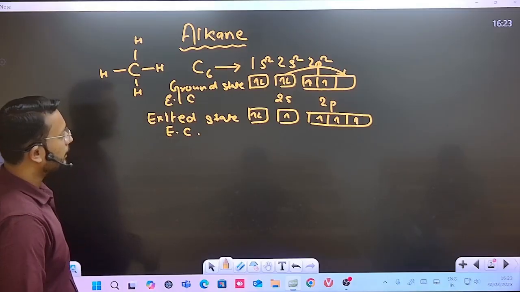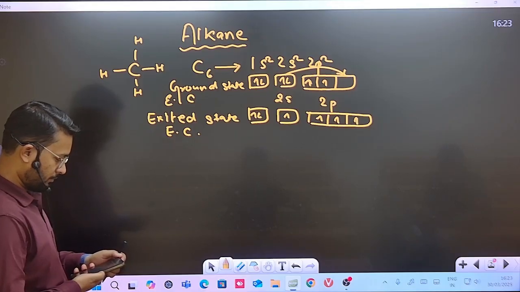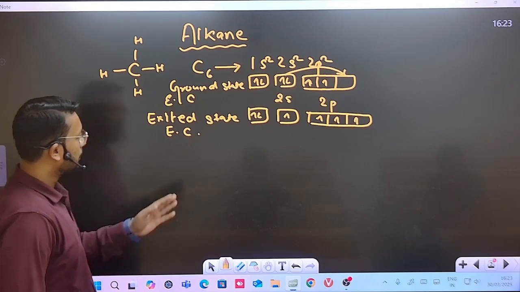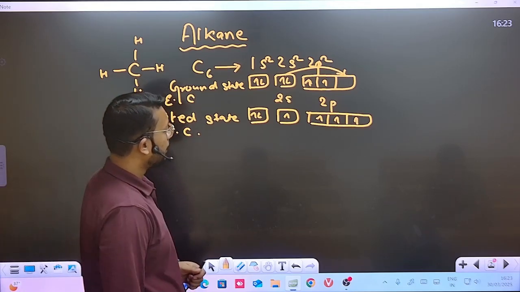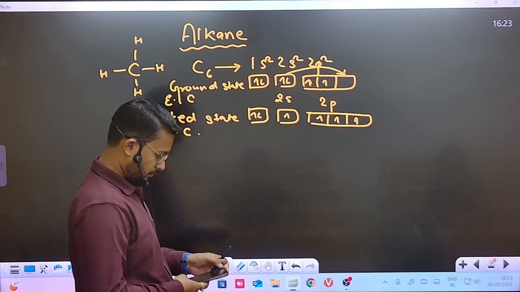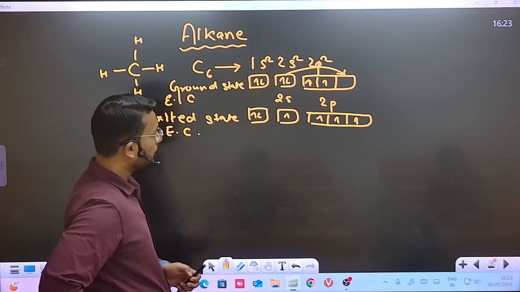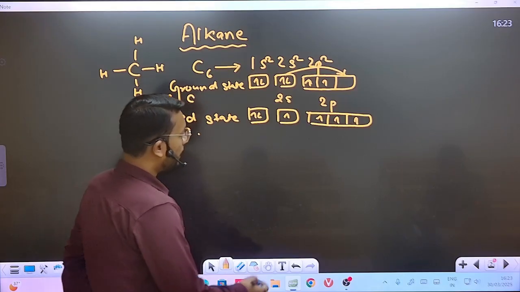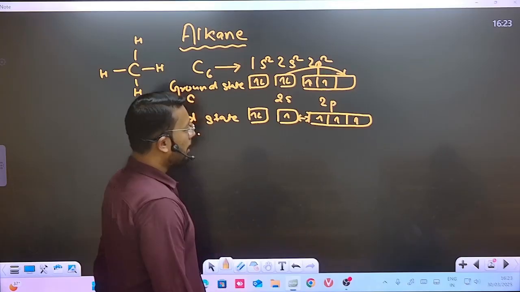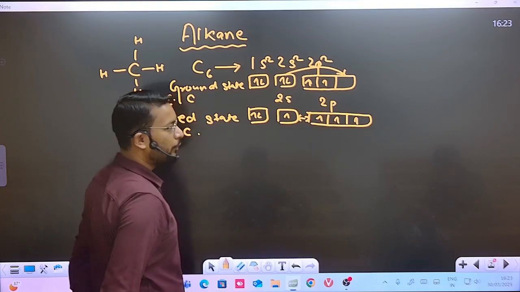Now, sir, can hydrogen come and make 4 bonds? No. Why? Because in this you can see there is a 2s and a 2p orbital.